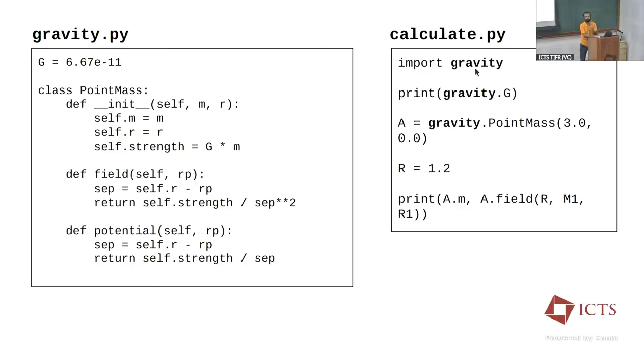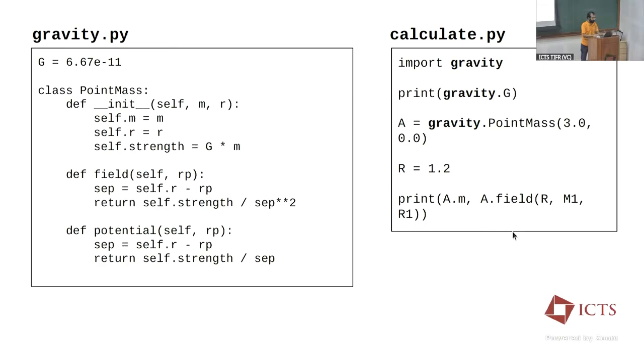And then in your actual run script, you import that script as import gravity. Whatever this name was, you just drop the .py and import it. Then you can call things which were defined there, like G was defined in gravity.py, you call it as gravity.G, or the class which was defined as gravity.PointMass, and then use it like this.